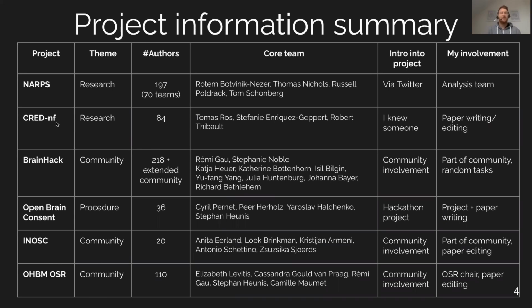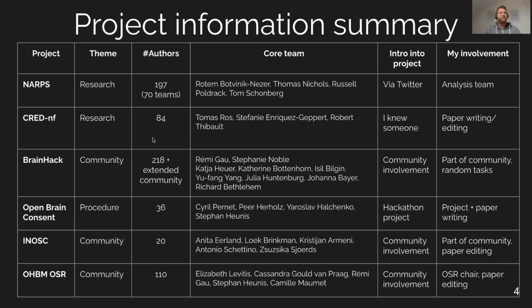So it's looking at consensus when we report our methods in neuroimaging and neurofeedback research. So both of these first two are research driven, and it's focused specifically on a field of research and their practices. And 84 authors, 197 authors, so there's a lot of people working together.